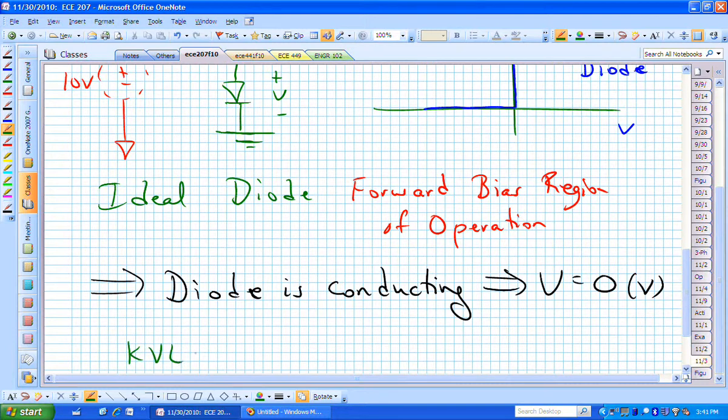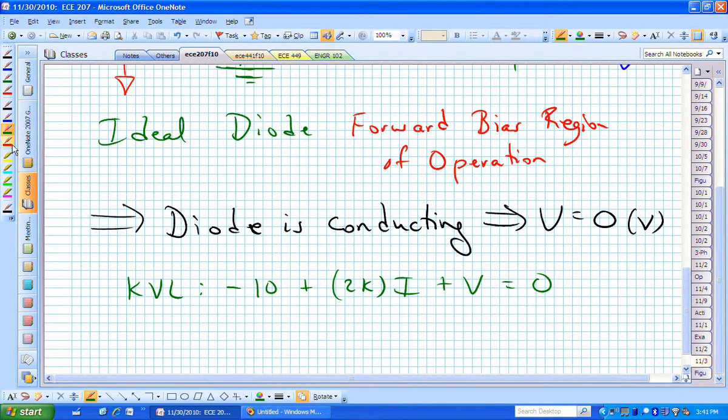If we now write the KVL equation, we're going, let's say, minus 10 volts plus this R, which was 2K, times I, plus V, which was the drop across the diode, and we just assumed that to be 0. We can now use this ideal assumption to gain some insight into the current flowing through that diode. Everything in that equation is known except for the current, and we can solve for it.